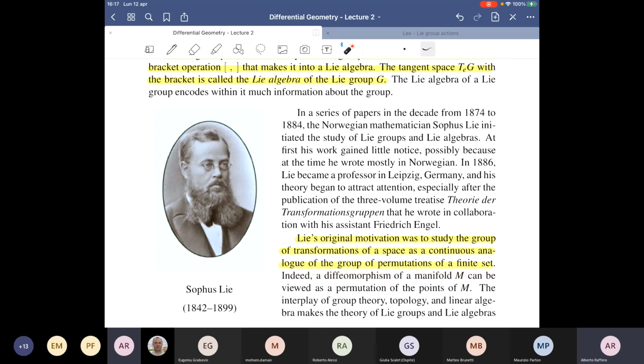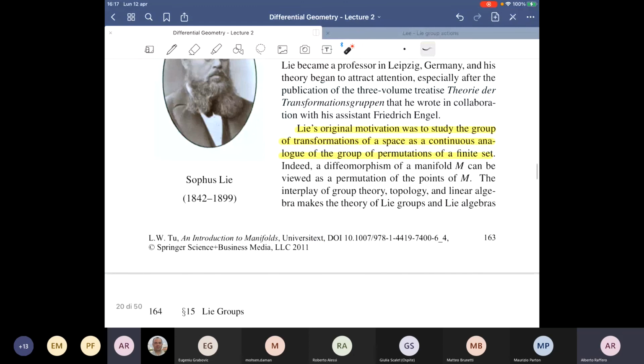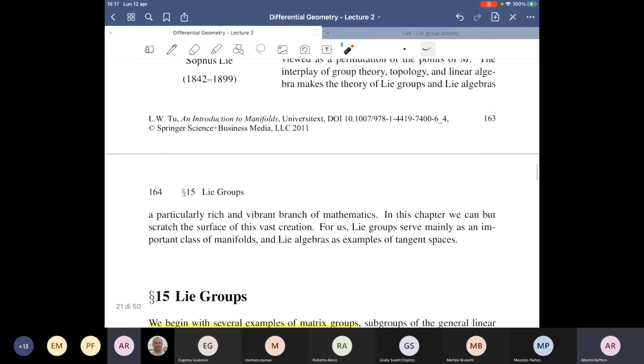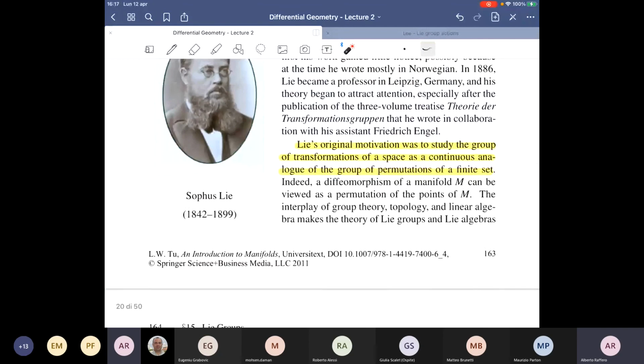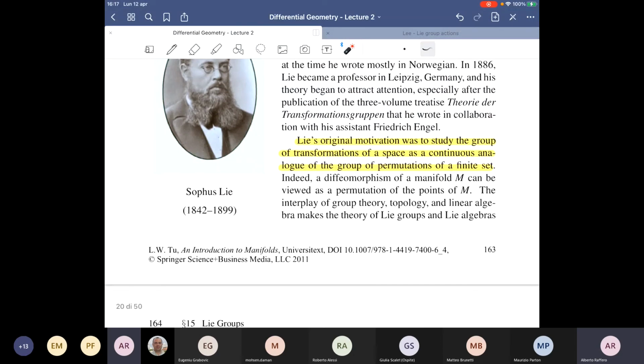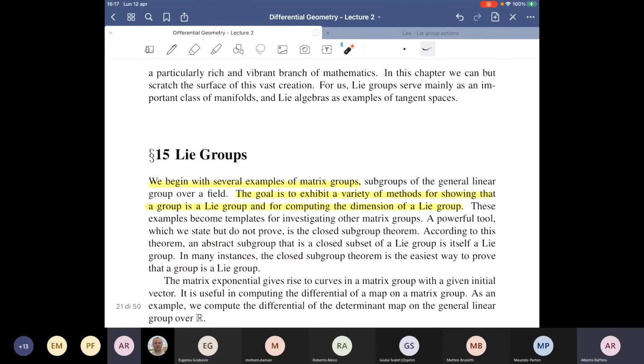So at some point there was a well-developed theory about groups of permutations of finite sets, and then the idea was to try to study a group of continuous transformations of a space, following in some sense the same philosophy. And in fact, we will see in particular that Lie groups arise as, in some sense, transformation groups of a smooth manifold. Okay, so let's start with some definitions before the break.